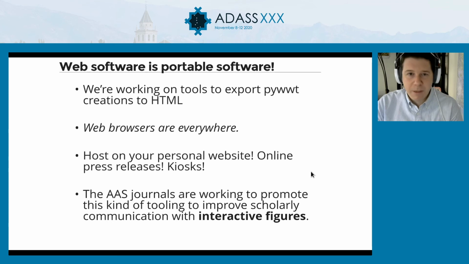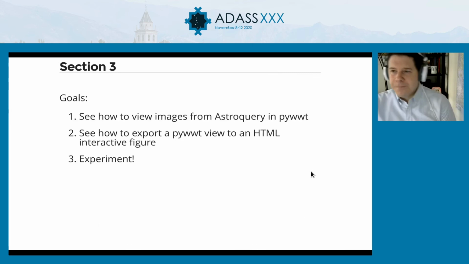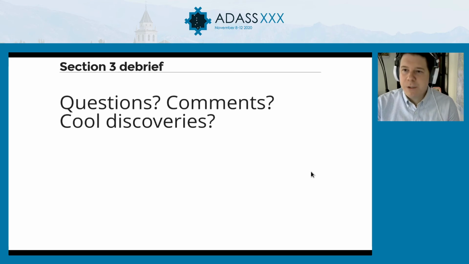And so we're interested in building up the infrastructure to allow people to actually create those images and publish them and access them. It generally opens up new possibilities for communication that have not been possible literally since the invention of the printing press. So I'll show a little bit more about that and also show this HTML export.